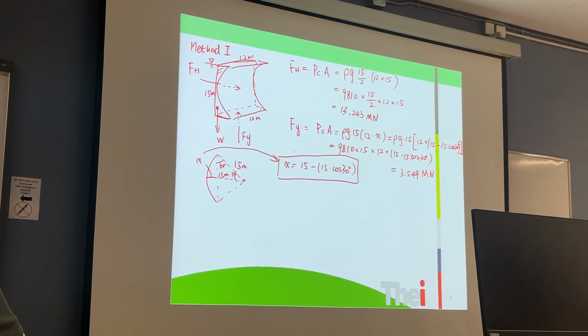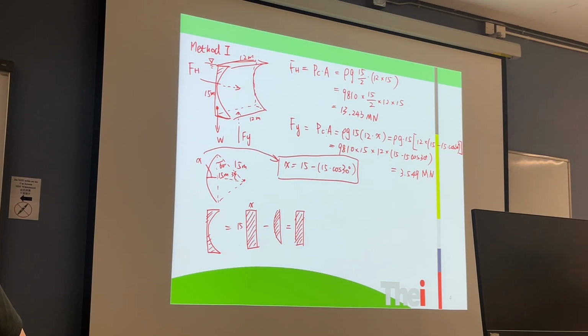Another one is to calculate the self-weight. Self-weight is calculated by this area. This area can be contributed by this rectangle. This is x, and this is the height of 15 meters, and subtract the area of this shape. Subtract the fan shape, and subtract the triangle area.